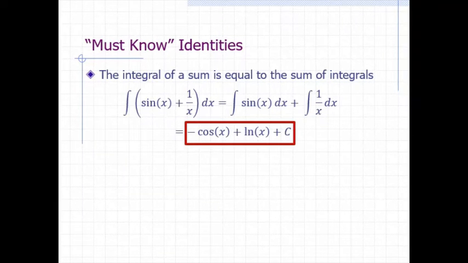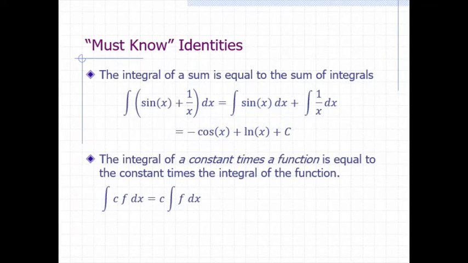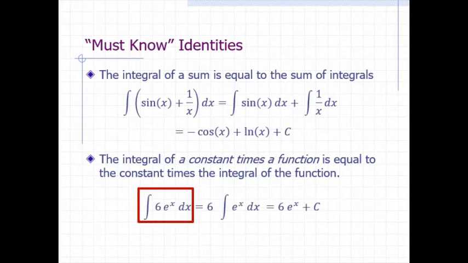Another important identity has to do with multiplication of a function by a constant. The integral of a constant times a function is equal to the constant times the integral of the function. Here's an example. What is the integral of 6 times e to the x with respect to x? Here we see that our integrand is a constant times a function. The constant is 6 and the function is e to the x.